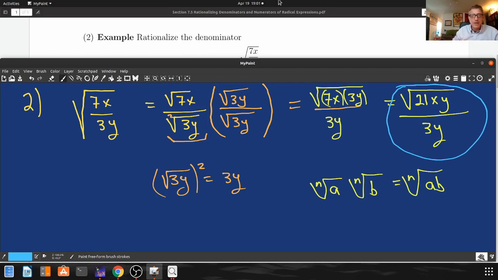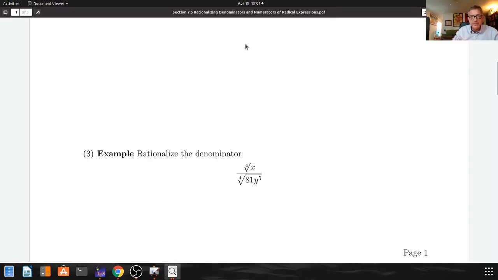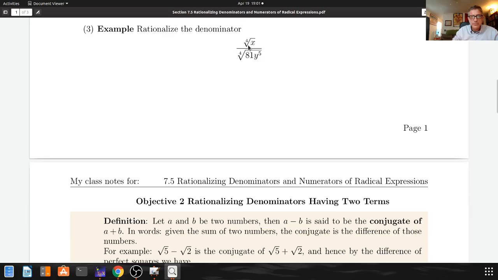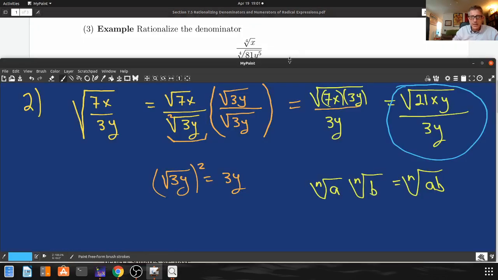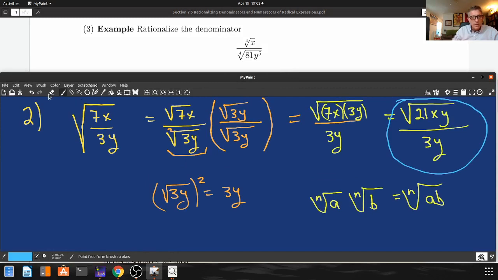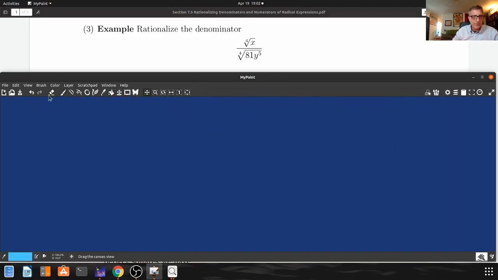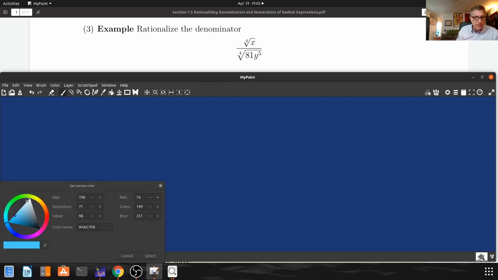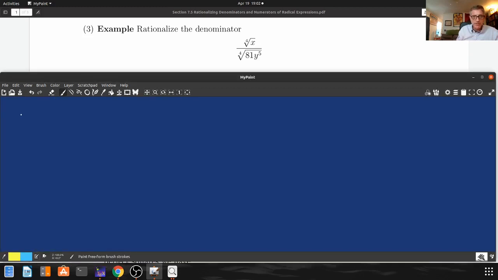Let's look at another example. Looks nastier than it is. That's always the case. You just have to go through and have an idea of what's going on. Chapter 7 and chapter 6 are especially the reason we really want students who take intermediate algebra to have pretty solid skills.